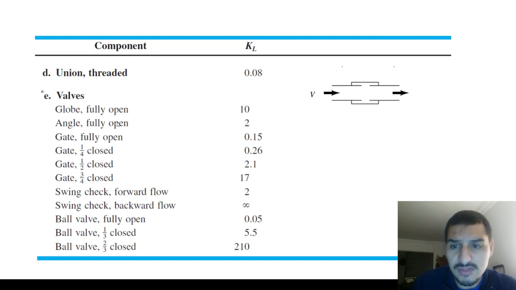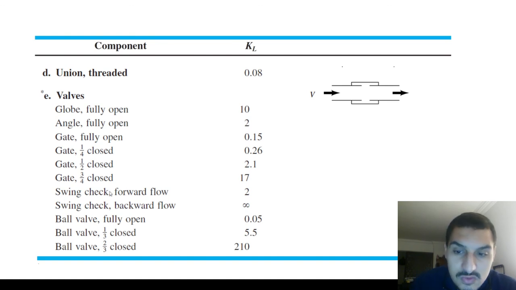Here we see the valves, the globe valve. The value is very big for the globe valve because of, as we mentioned, the big change in direction in the flow. We'll have a gate valve that is fully open or quarter closed, half closed, or 3/4 closed. And as the percentage of closure increases, the K increases, of course, because this lets a smaller amount of the flow go, which means that the losses will be higher.